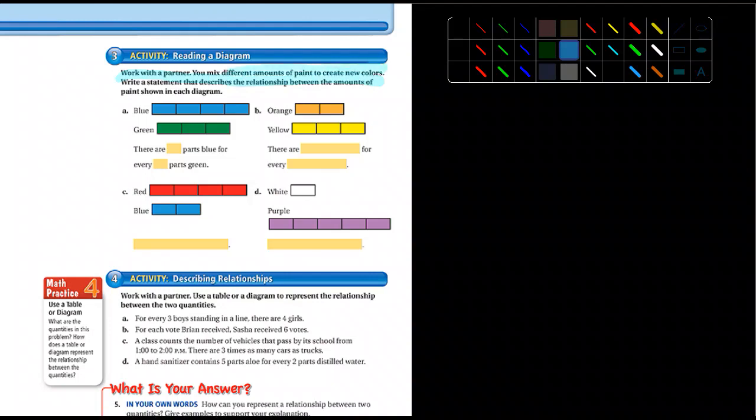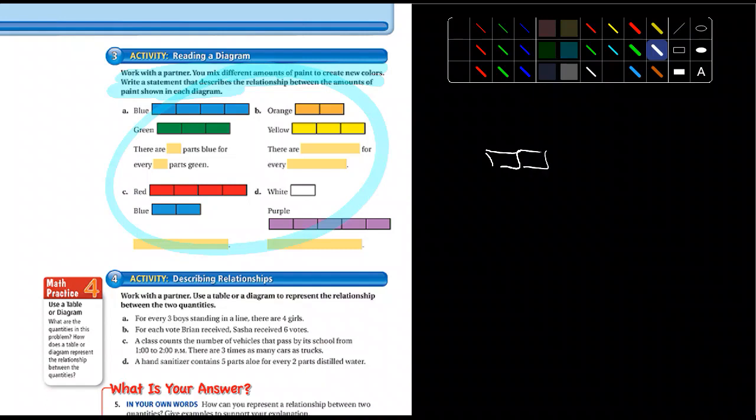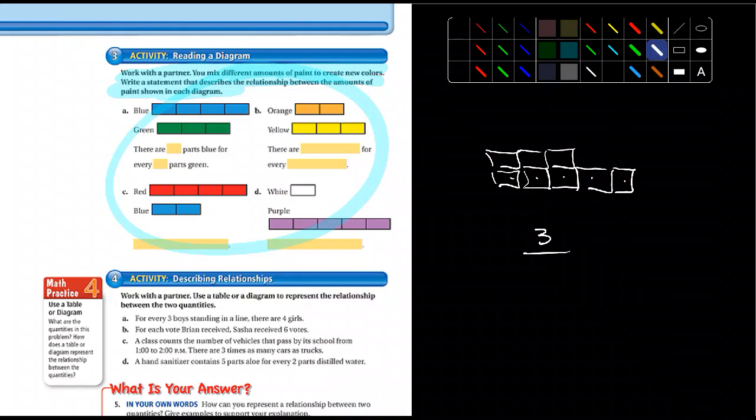Okay. And so when they ask you to show the relationships, a really good way to do it is what they've done here, which is you're simply drawing some squares. So if those 3 squares represent, let's say palm trees, and these 5 squares represent pine trees, it would be 3 to 5.